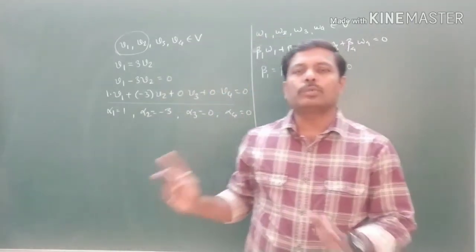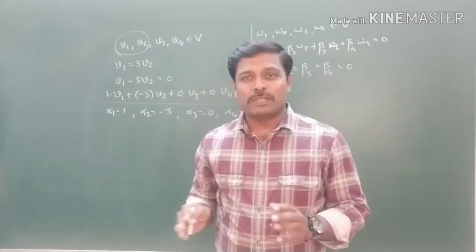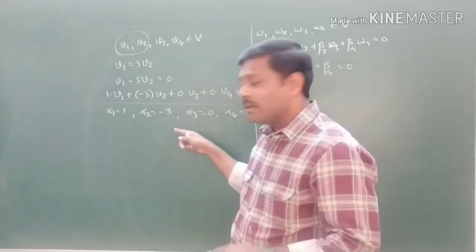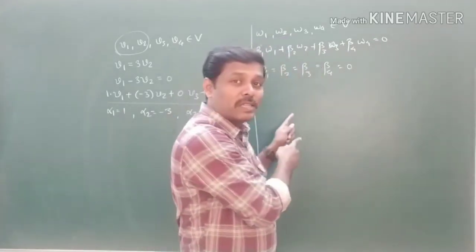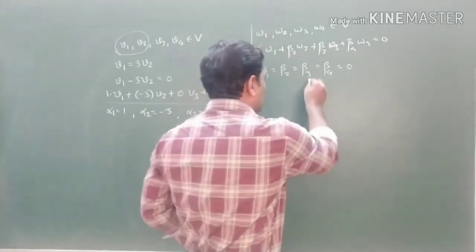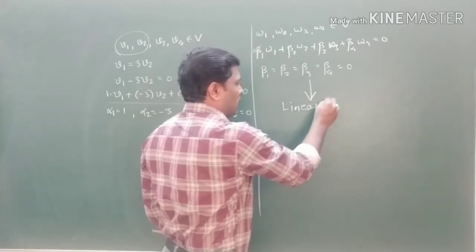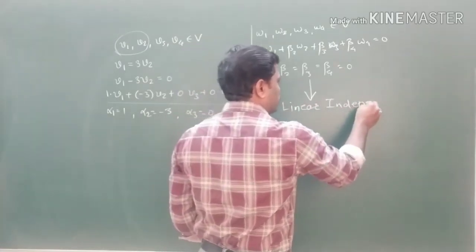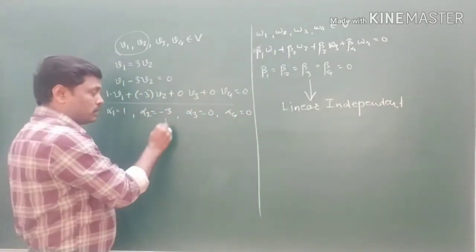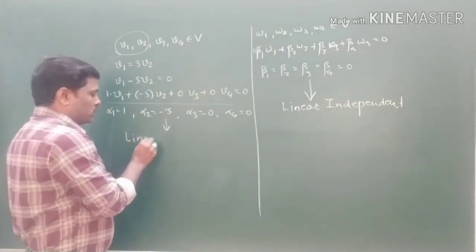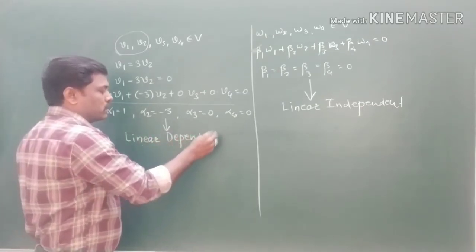If you observe both the expressions, in both the linear combination is equal to 0, but here not all scalars are 0, and here all scalars are 0. Therefore, this concept is linearly independent, and this concept where not all are equal to 0 belongs to linearly dependent vectors.